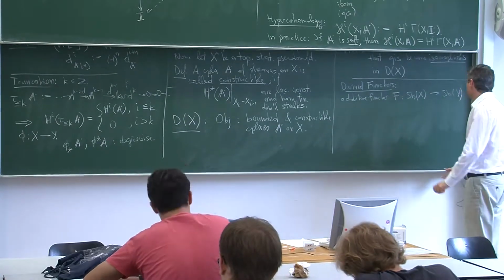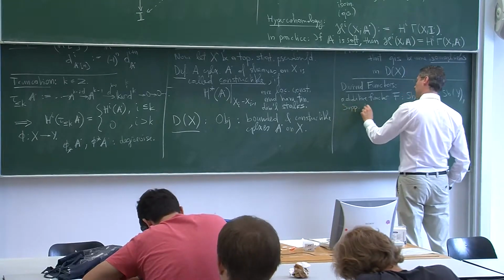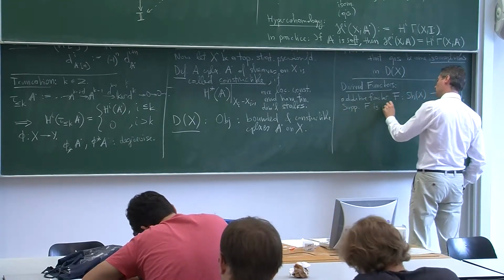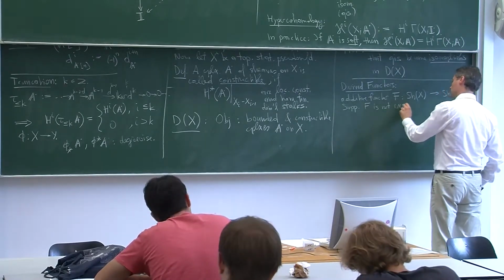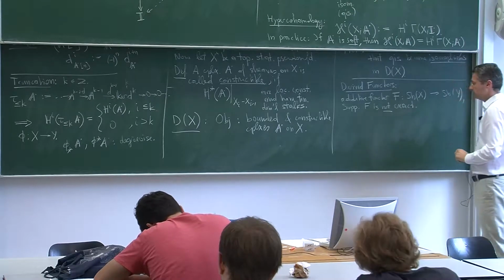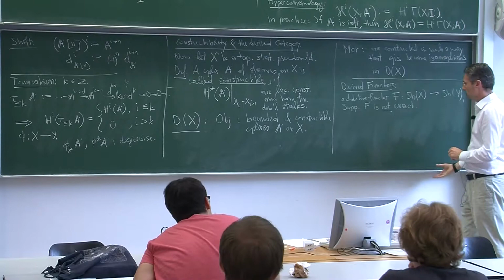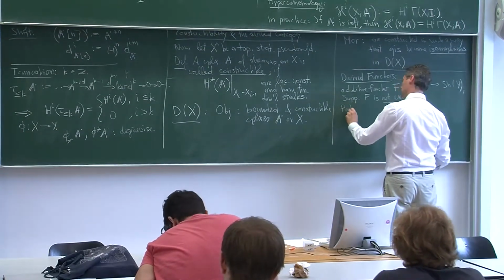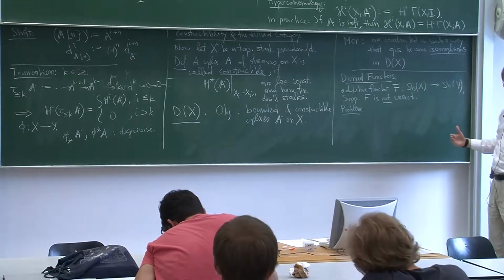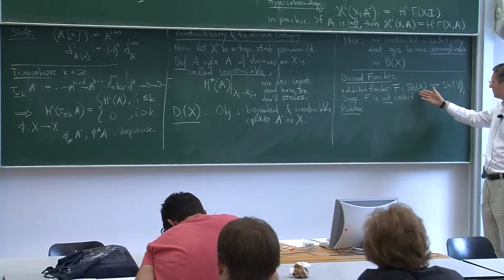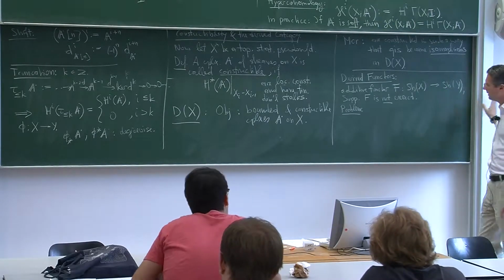Suppose f is not an exact functor, so it doesn't preserve exact sequences. Then you have the following problem. You would like it to induce, in a natural way, a functor between the derived categories of these spaces.